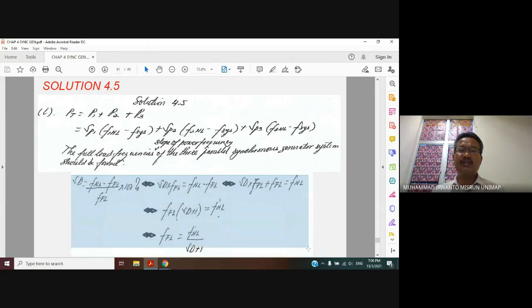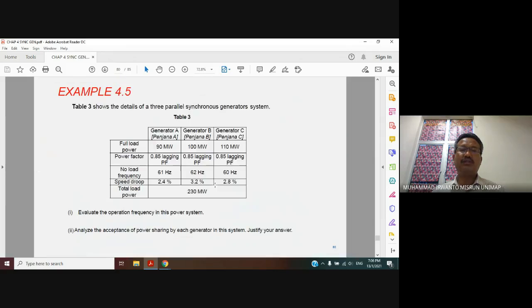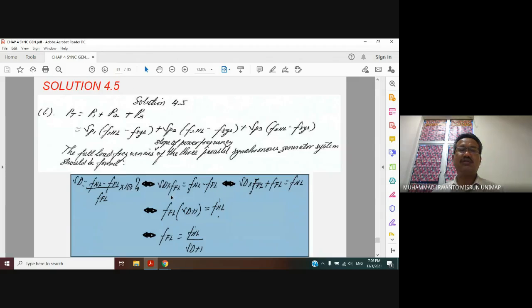The full load frequency can be obtained from this formula, because the speed drop is given for each synchronous generator. We know that speed drop is equal to no load frequency minus full load frequency, divided by full load frequency, multiplied by 100%.